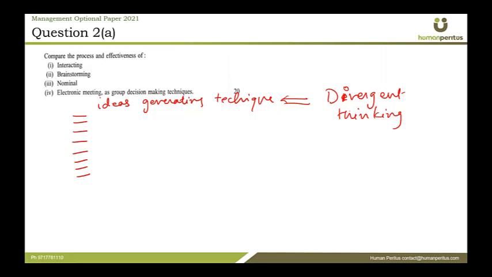But suppose the company is on a timeline, or there's a deadline, or a decision has to be taken in case of emergency. In those situations, effectiveness of a brainstorming session is not very high, for obvious reasons. In an emergency you cannot go through each and every idea or alternative possible.